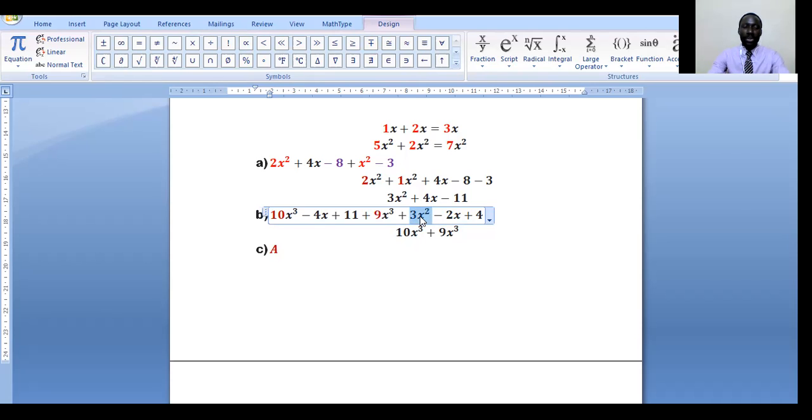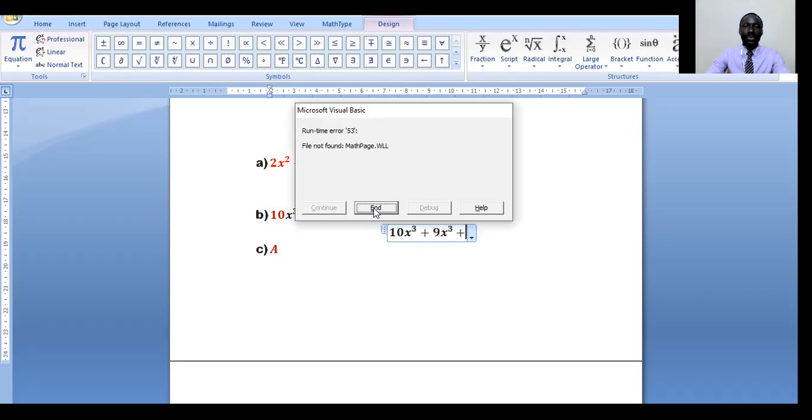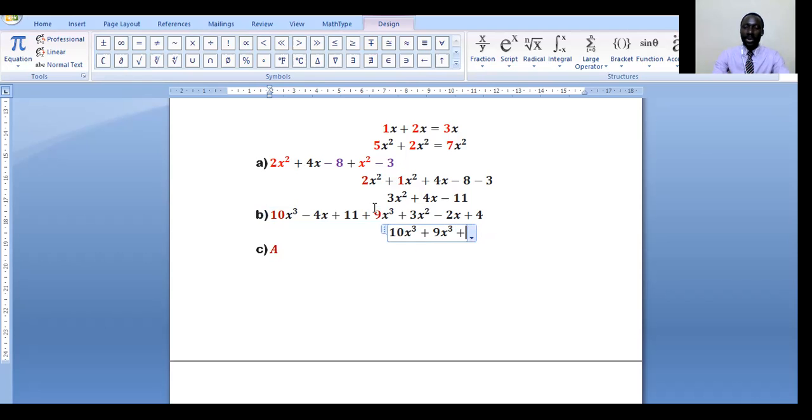So we will just pick that one and put it right here. There is nothing that we have to add on to it. We don't have any other like terms, just this 3x squared. And so we will keep 3x squared the way it is. So we write down 3x squared. Now that's what we have got so far.